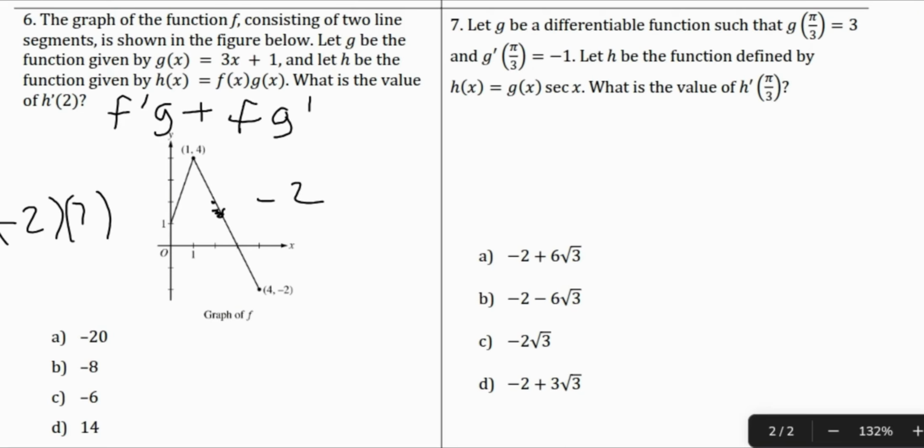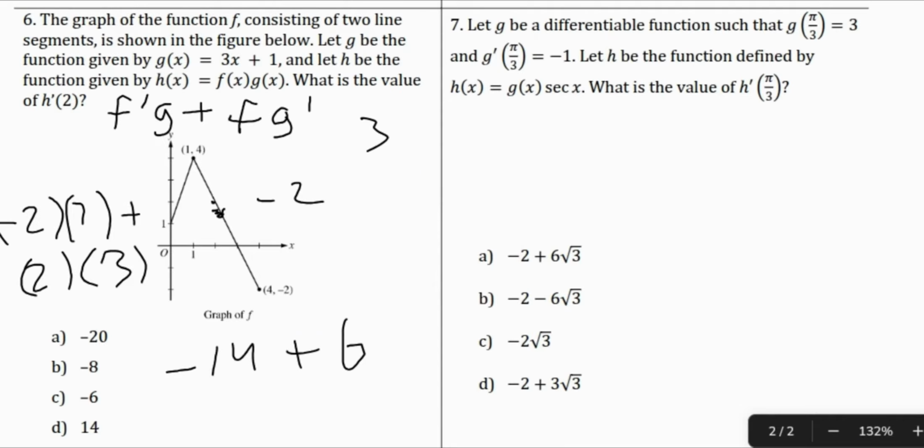Right there actually, it'll be just 2 times g prime of 2, and the g prime equation is really just 3 for all x, so that means that g prime of 2 is just 3. Simplifying this, we have -14 plus 6, which is just -8.